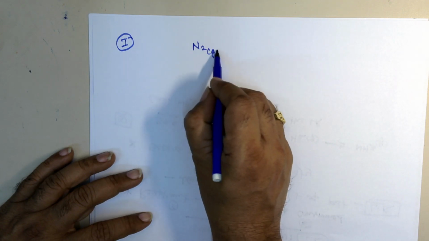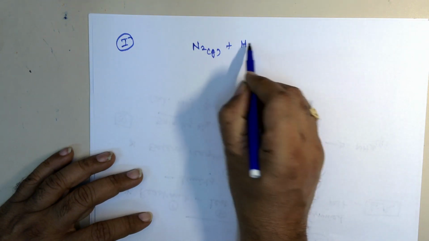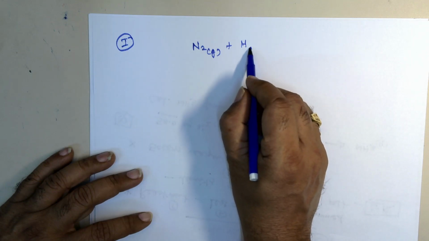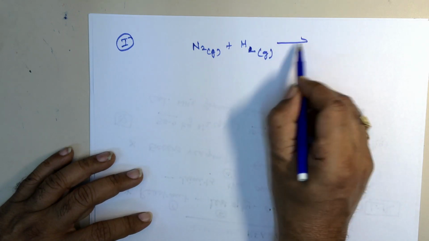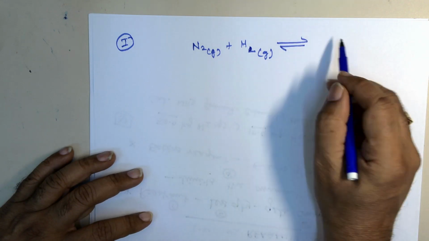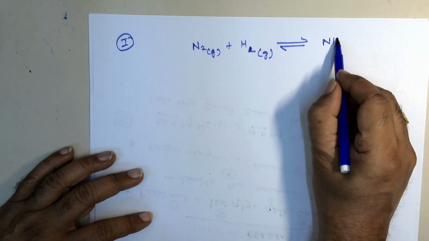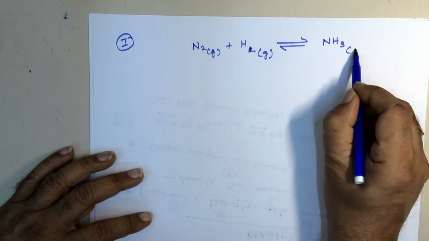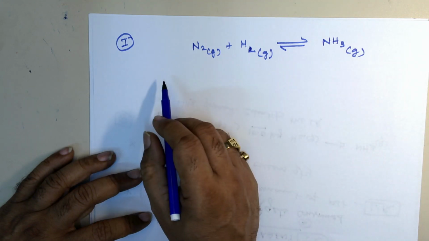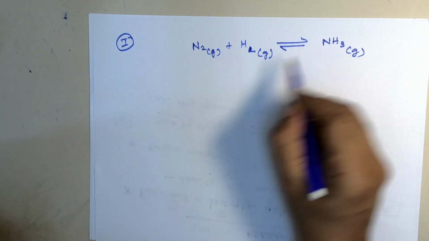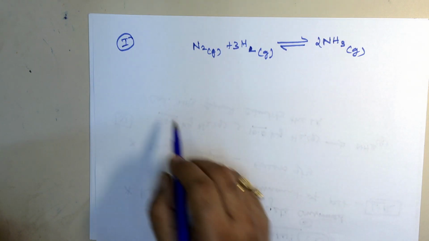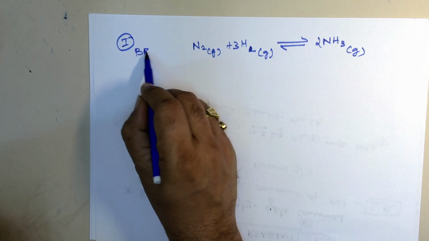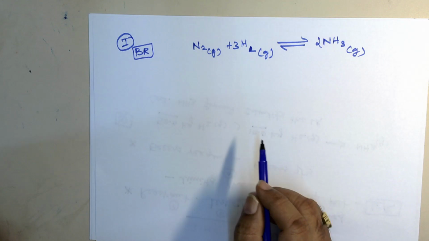N2 gas, and you have to mention the physical state also, plus H2 gas, it undergoes an equilibrium to give NH3 gas. Now balance it. We can put 2 here and 3, right? So we have established the balanced reaction.